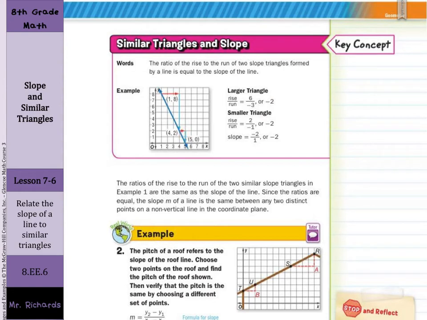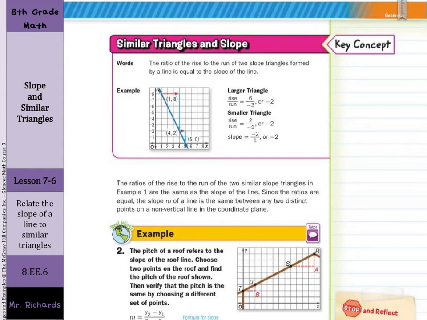The smaller triangle down here, a rise of 2 with a run of -1, which is also then -2. So the ratio of the rise to the run of two slope triangles formed by a line is equal to the slope of the line.